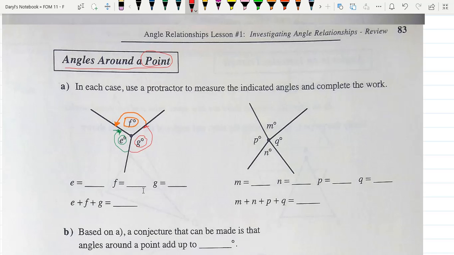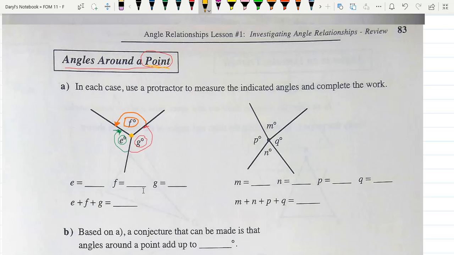If you can see here, these are not straight lines meeting one another, so this is not the same as the previous one. In this case, at a point, all of them have a common vertex.